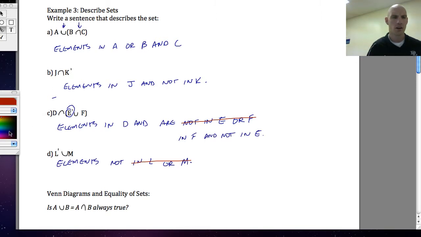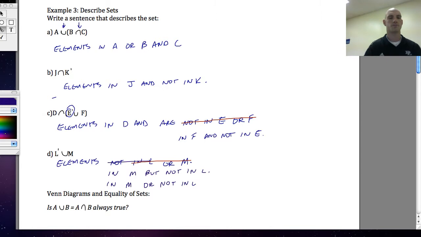So we have to be clear. What if I said this? Elements in M, but not in L. How about that? Or elements in M, or not in L. See how that works?